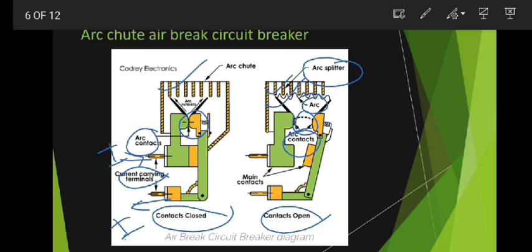So there are two contacts, one is the main contact and another is the auxiliary contact. The main contact is made up of copper and silver, which is low resistance, and the auxiliary contact is the arcing contact. The arcing contact is made up of copper and alloy, which are heat resistant.